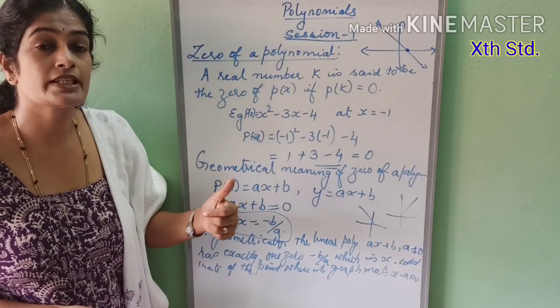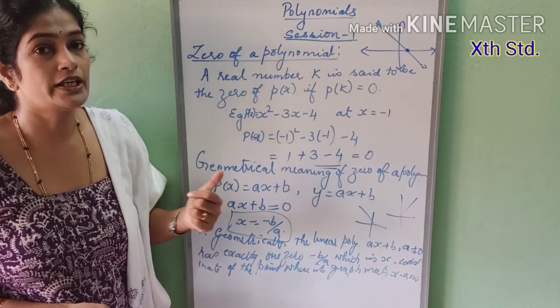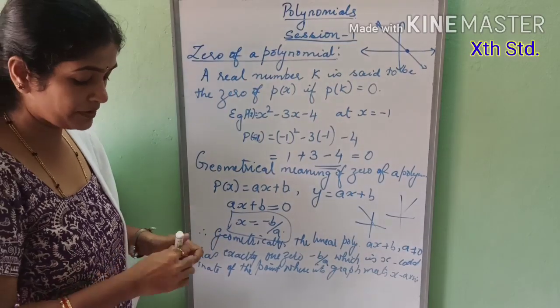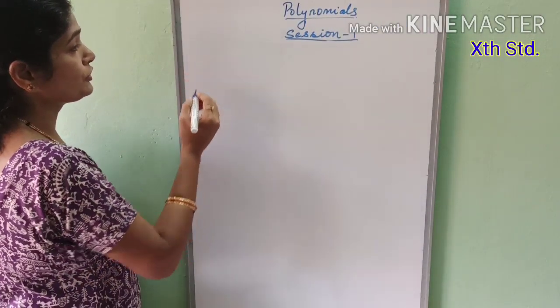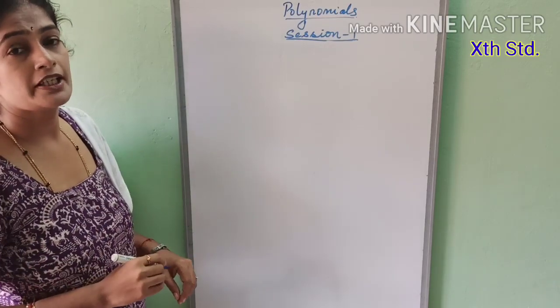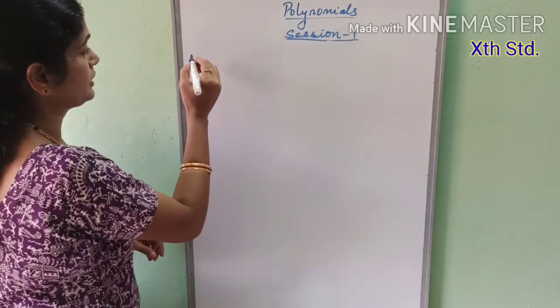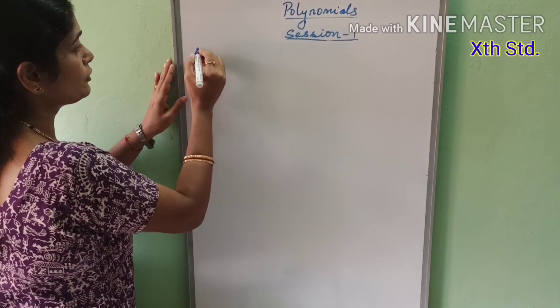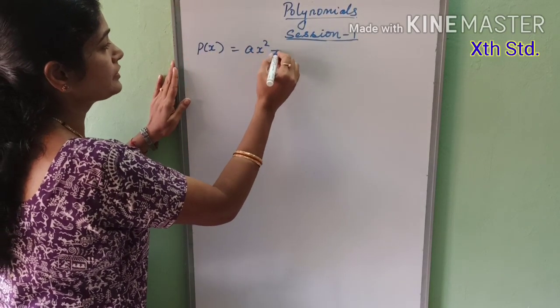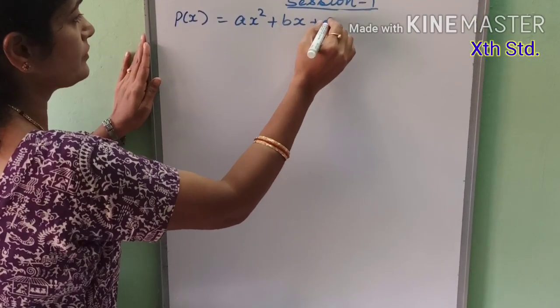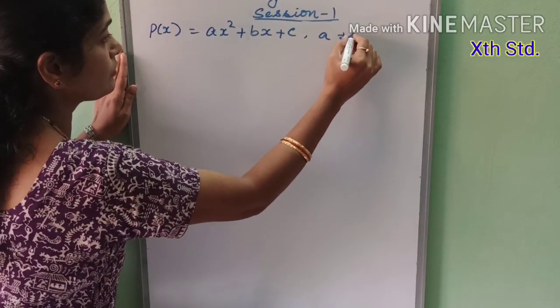Now we will see the geometrical meaning of a quadratic polynomial. The general form of a quadratic polynomial is p of x equal to ax square plus bx plus c, where a is not equal to 0.